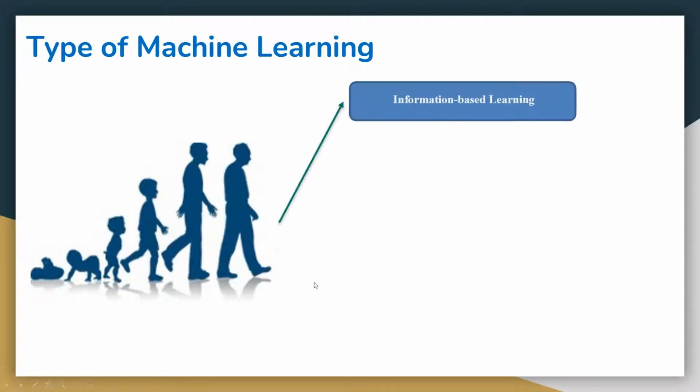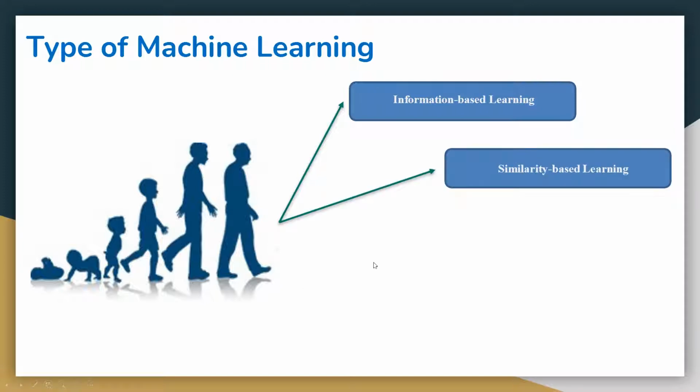We make decisions based on information provided to us. This is called information-based decision making or learning. We learn to make a decision based on comparing two things and trying to find their similarities or dissimilarities. That is called similarity-based learning.